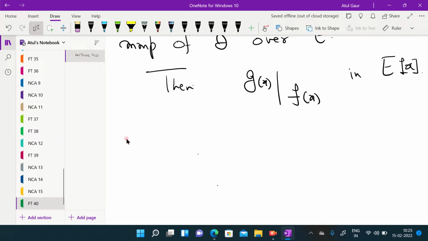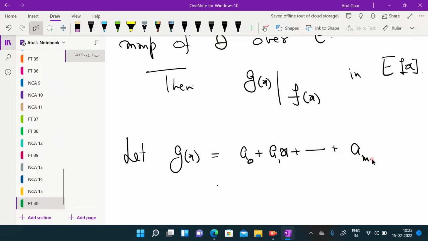So let's say g(x) is a0 + a1x + ... + x^m, minimal monic polynomial, so leading coefficient must be 1. It's a polynomial in E[x], so that means the coefficients are coming from E.